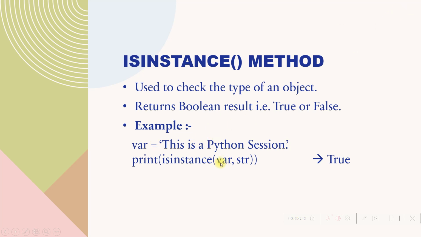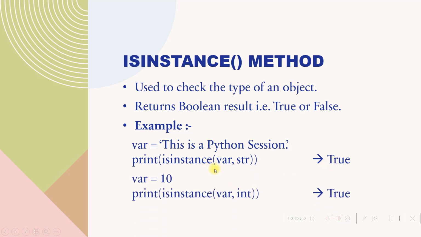The first parameter is the variable var, and the second parameter is the class. This method checks whether this variable var is an object of the string class or not. If it is, then the response will be true, otherwise it will be false.